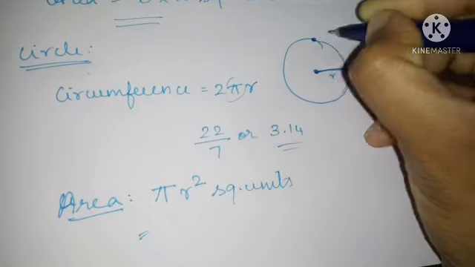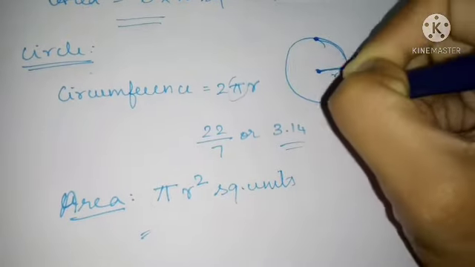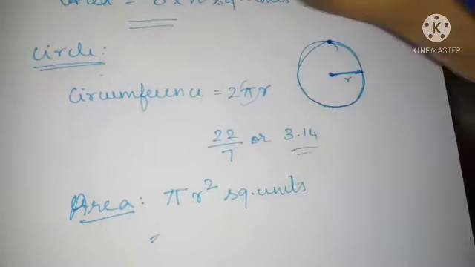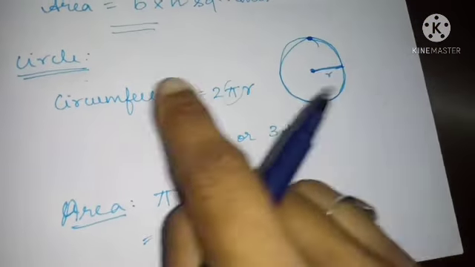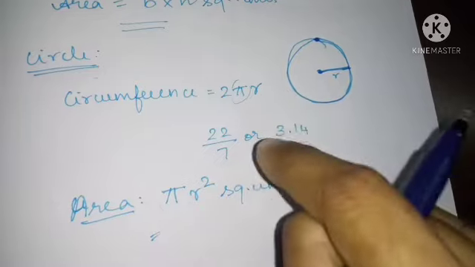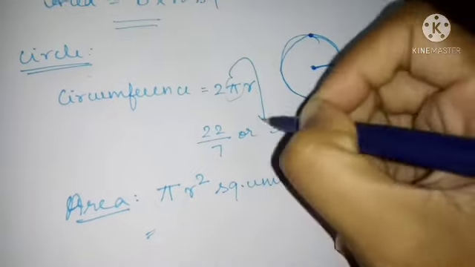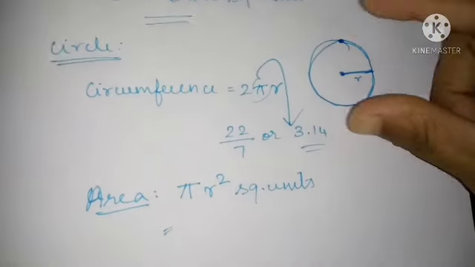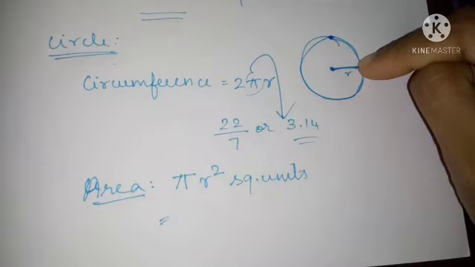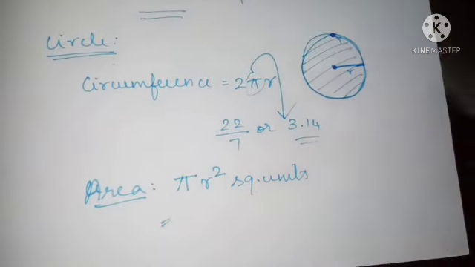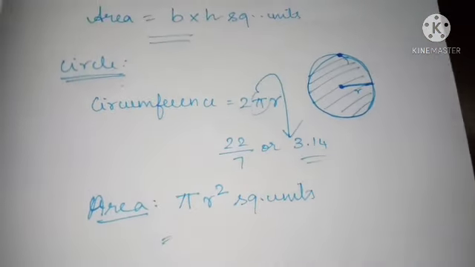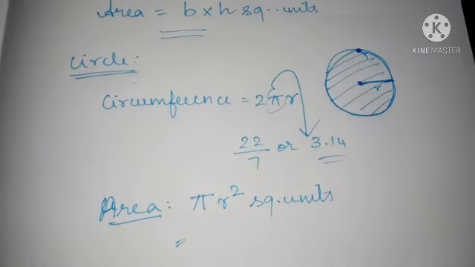You take a thread, measure around it and find the length. The diameter you can find easily. If you divide those two, you will get the pi value. Using that pi value and the given radius, we can find the area of the circle. Area is nothing but the inner region enclosed by the circle.